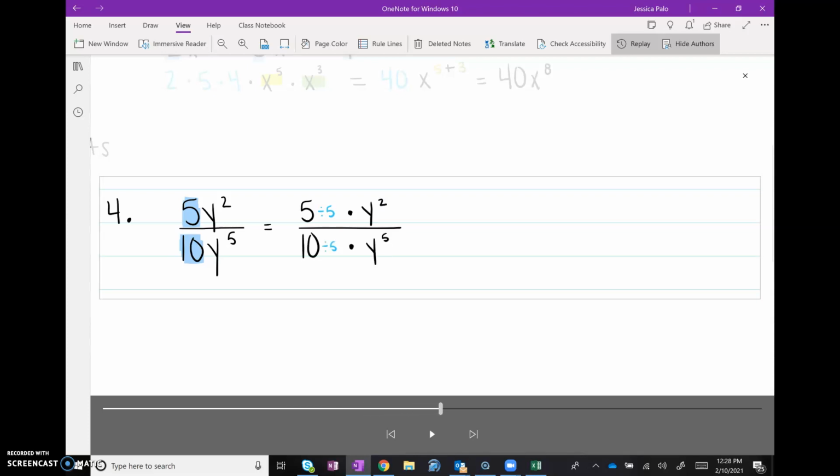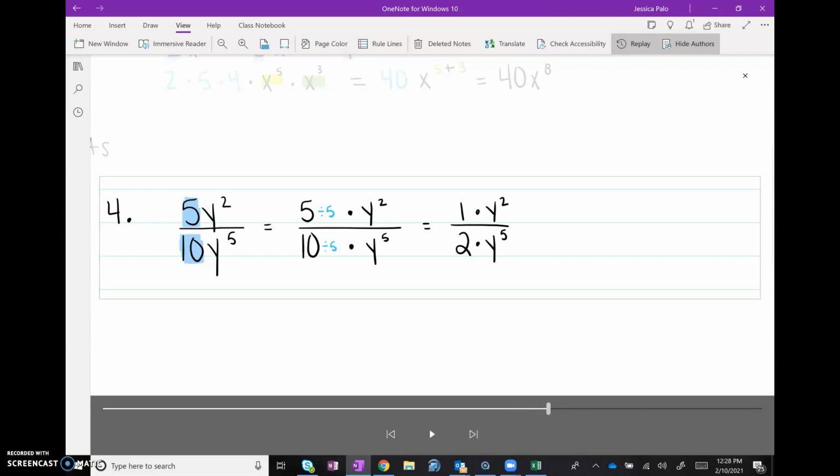So I already identified that we need to simplify this fraction. And we know that 5 is divisible by 5 and 10 is divisible by 5. So if we do that, our fraction simplifies to 1/2. 5 over 10 equals 1/2. So we are just going to put those exponents and variables back.